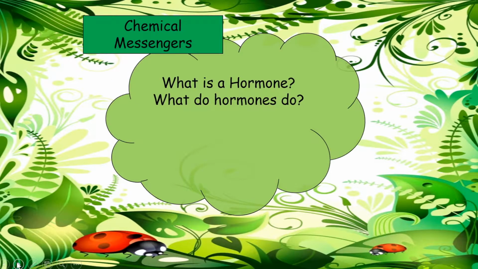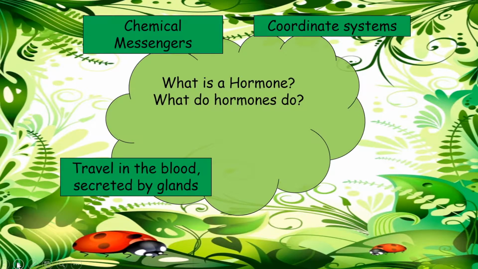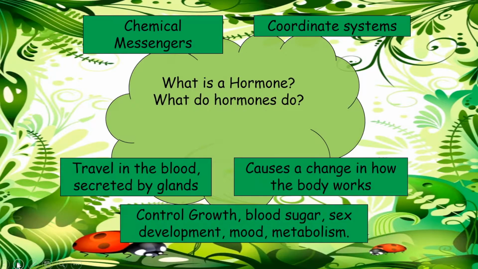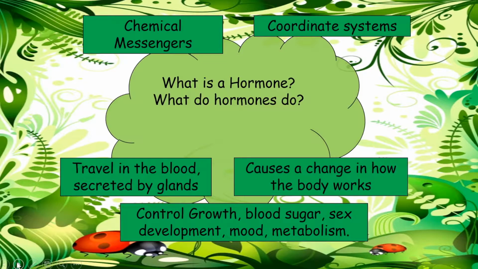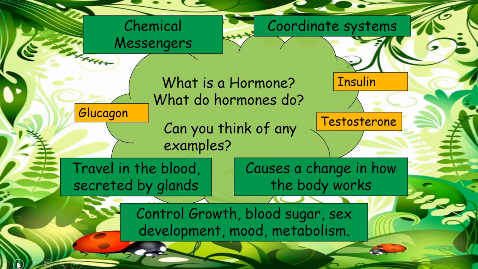So, in animals, we have many different chemicals called hormones coursing around our body. These are chemical messengers that are secreted by glands and that travel in the blood to target organs and help to coordinate our body systems, causing changes in how our body works. Some of these hormones are called sex hormones, released at puberty and beyond, and help to control sexual development, for example estrogen and testosterone.